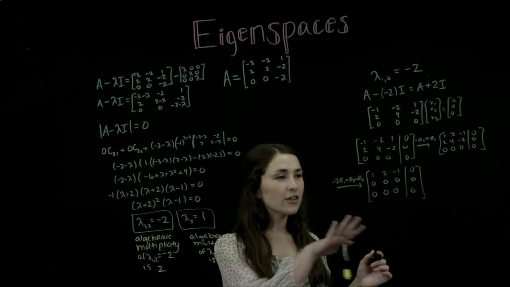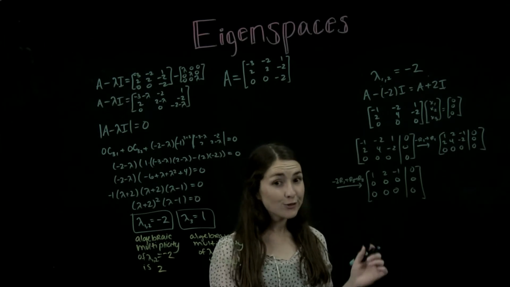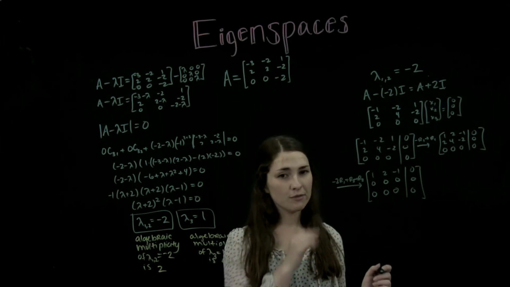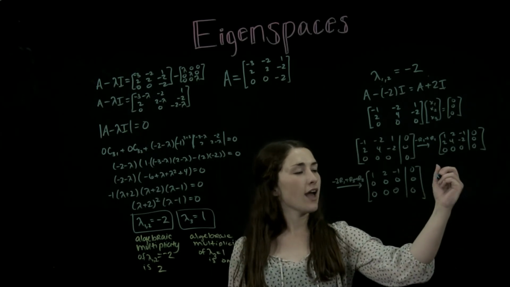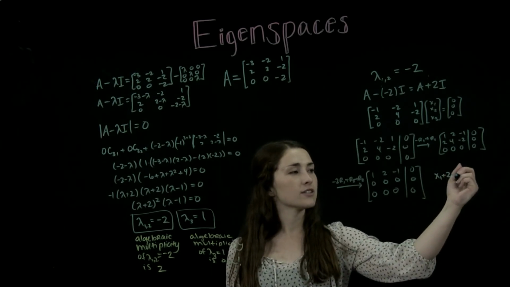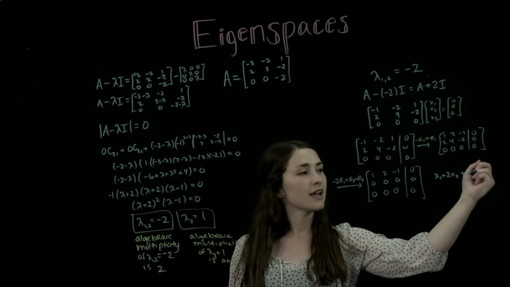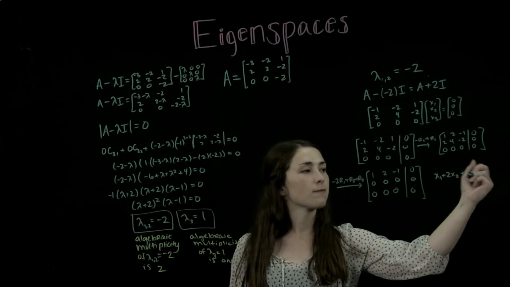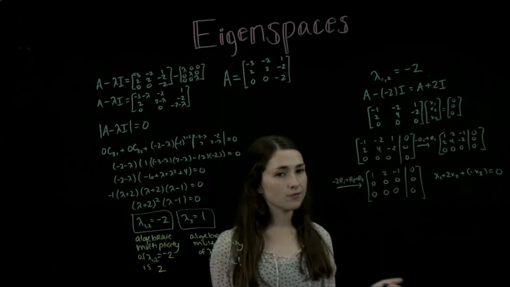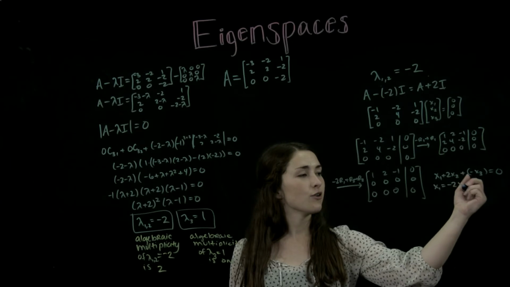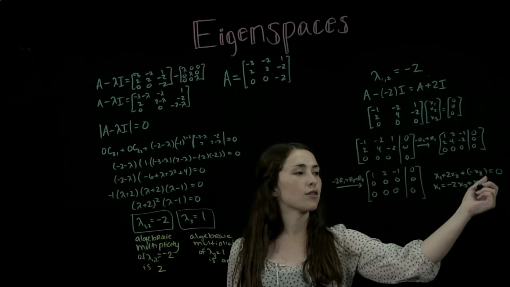Okay, so now that we are in our reduced row echelon form, we can see that we have 2 free variables and 1 pivot variable. So we know that x1 plus 2x2 minus x3 is equal to 0. So then we know that x1 is equal to negative 2x2 plus x3.